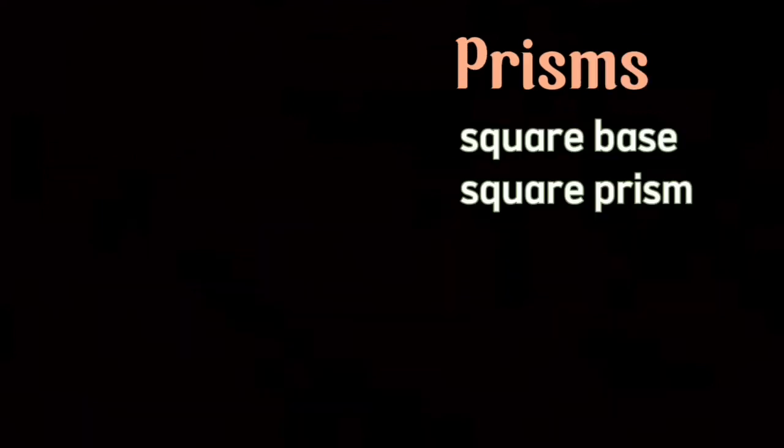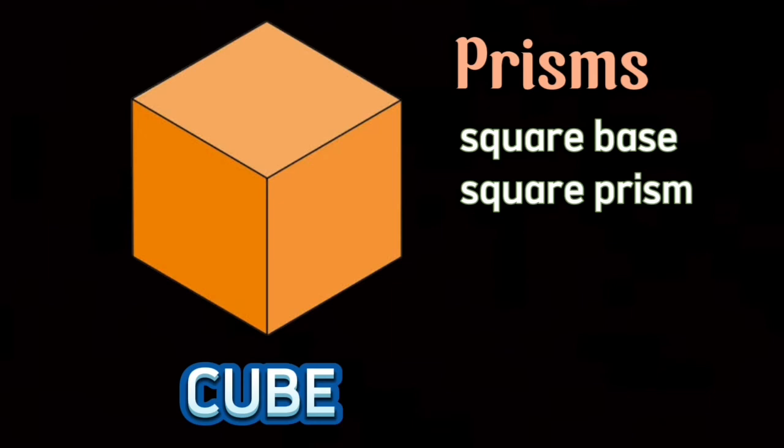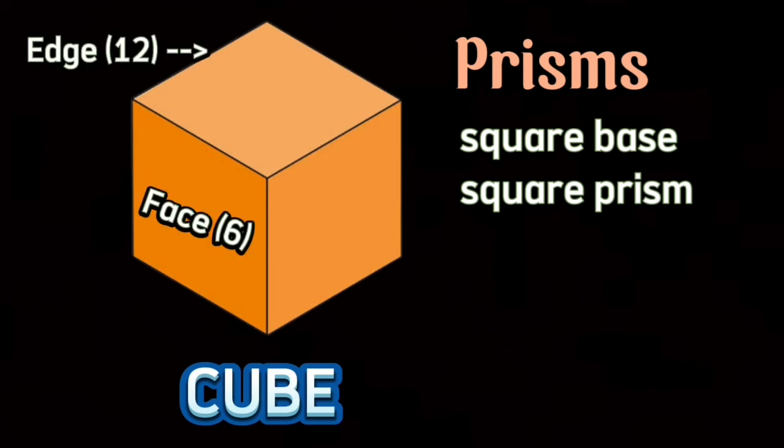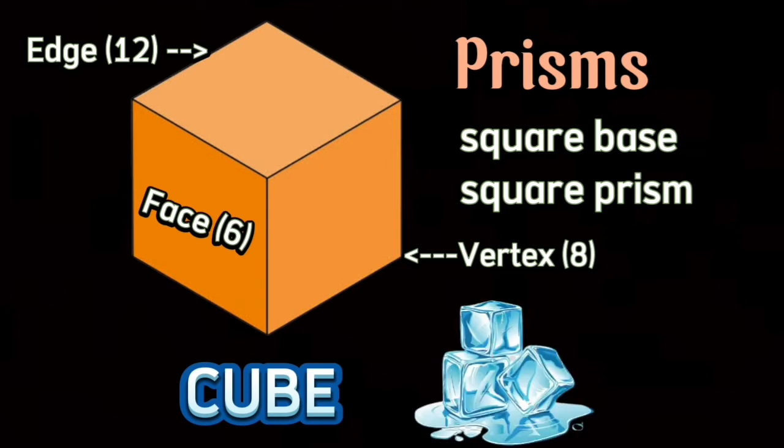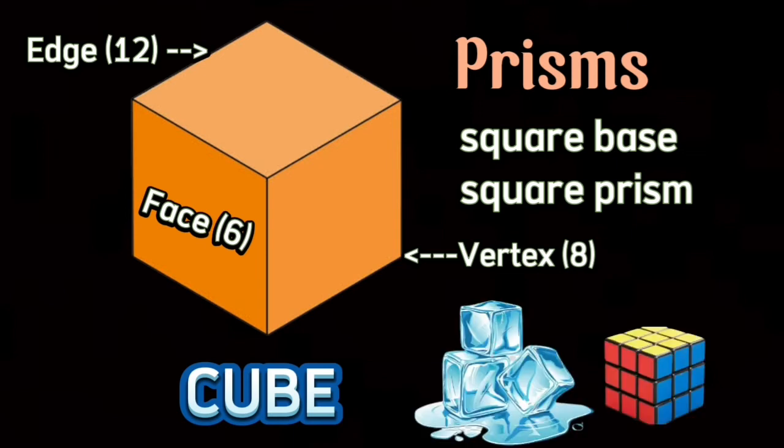A prism with a square base is a square prism, and it is usually known as cube. A cube has 6 square faces, 12 edges which have the same length, and 8 vertices. Examples of cube are ice cubes and Rubik's cube.